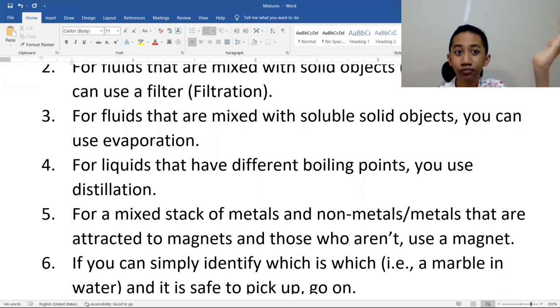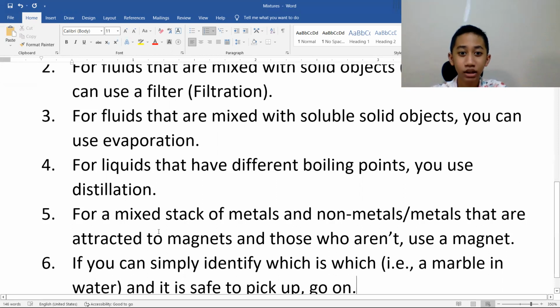Yep, that's the simplest one. You simply pick it up.